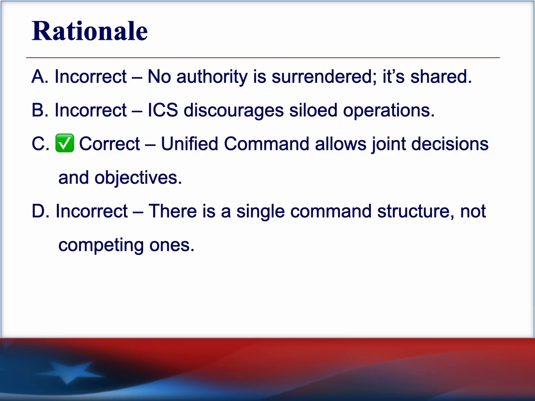And D is incorrect because there is a single command structure, not competing ones. The common pitfall here is thinking unified command means multiple independent command centers, multiple independent incident commanders. That's not the case. Unified command allows joint decisions and objectives.